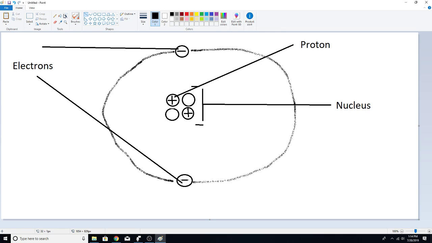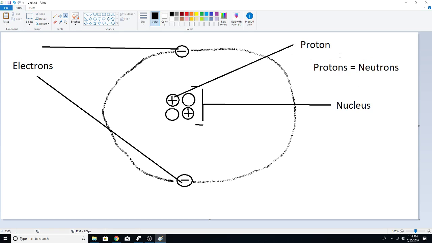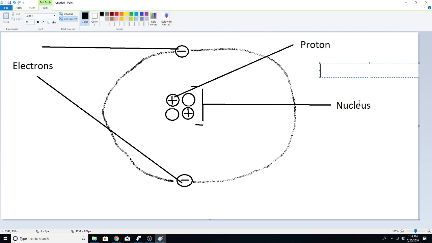So if we put here protons equal neutrons, no, sorry, apologies, that's incorrect. Protons equal electrons.